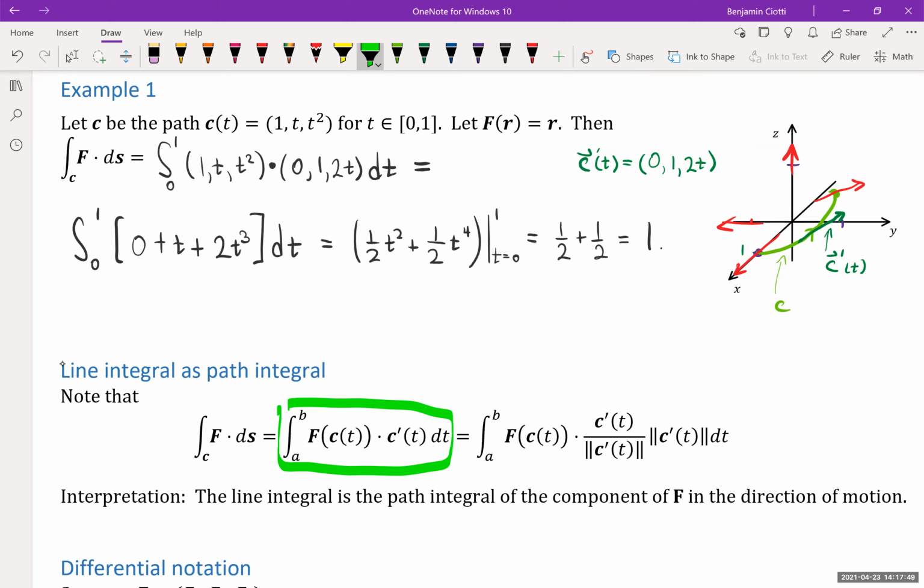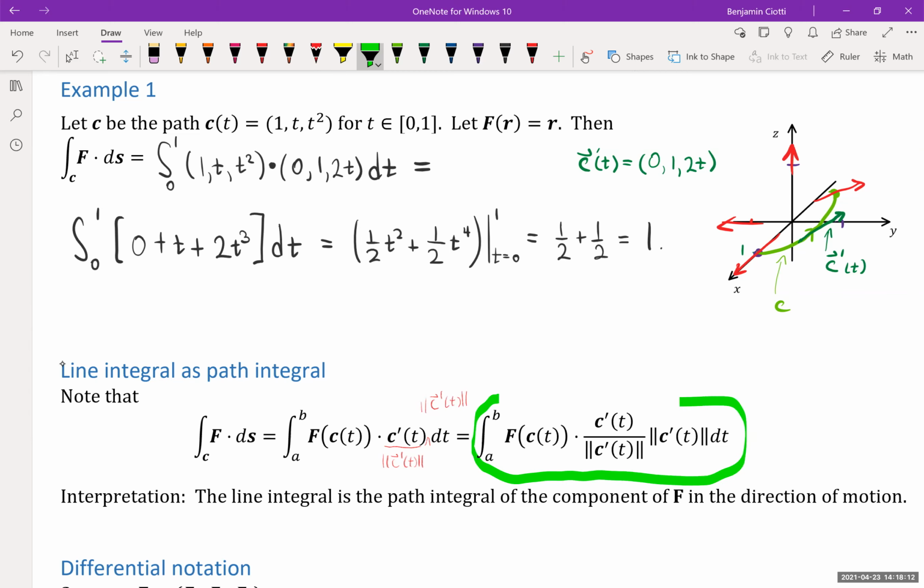So let me manipulate this integrand a little bit by multiplying and dividing by the same quantity. I'm going to multiply and divide by the length of c prime, by the velocity. When I do that, I get this expression here. And in fact, let me add some parentheses to it.